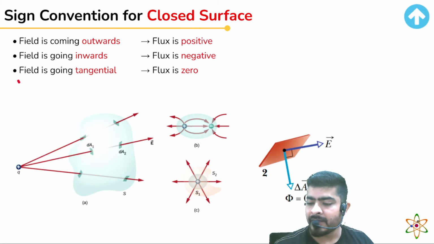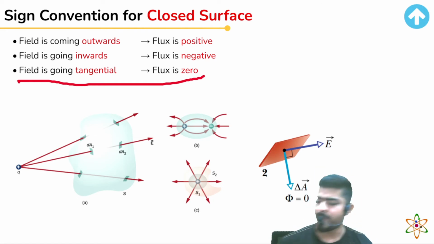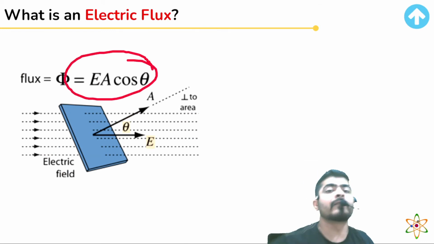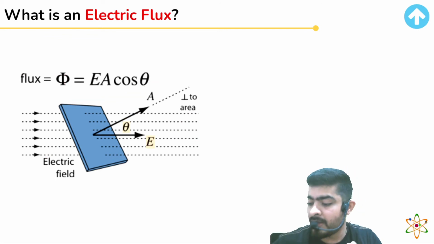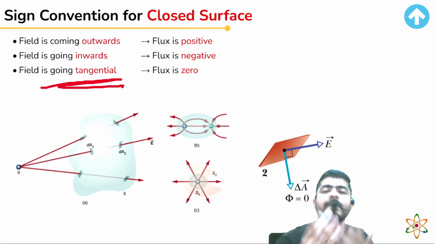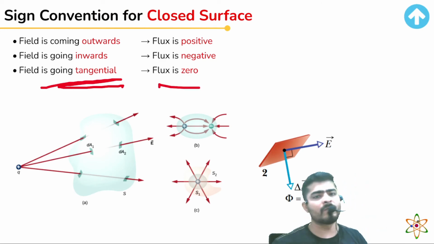Then finally if field is going tangential, we get zero flux. That's obvious, right? Why? Because flux is given by EA cos theta. We want component of electric field perpendicular to surface. So if field is parallel to surface, tangential to surface, there's no component in the perpendicular direction. So flux will be zero. Is that clear?